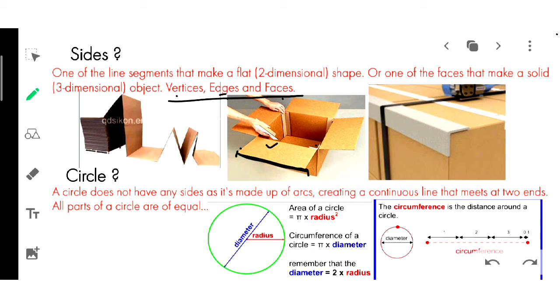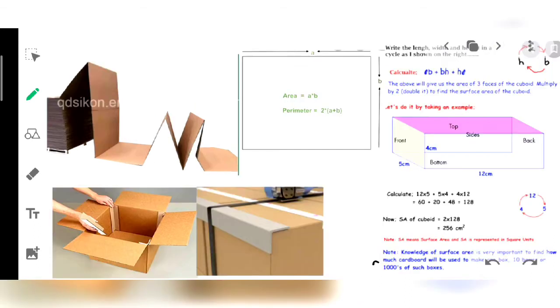Now we surely have to know 2-dimensional and 3-dimensional too, because when we consider the shape of a box or anything, we have to know whether it is 2-dimensional or 3-dimensional. To make this clear, let us consider an example.